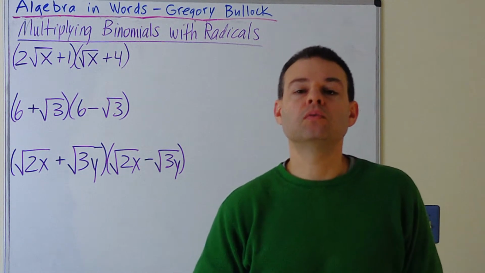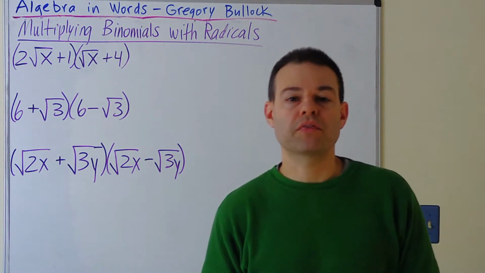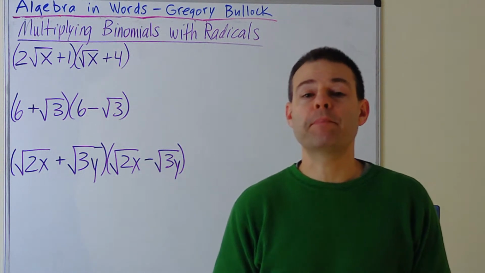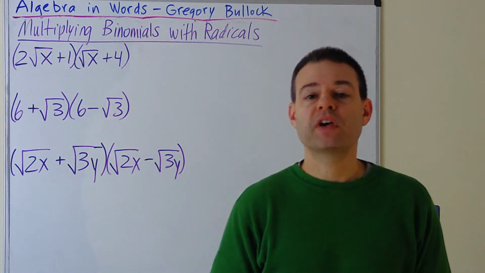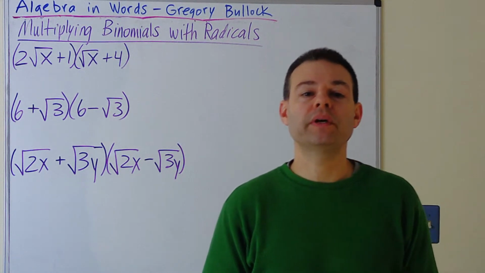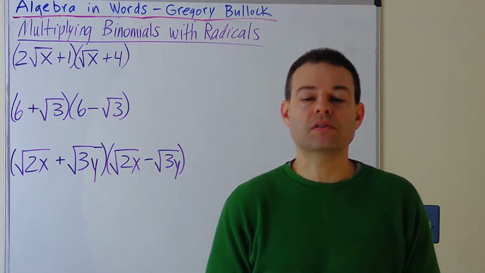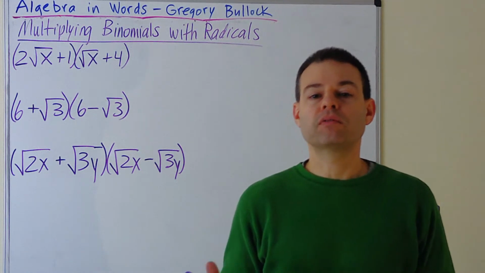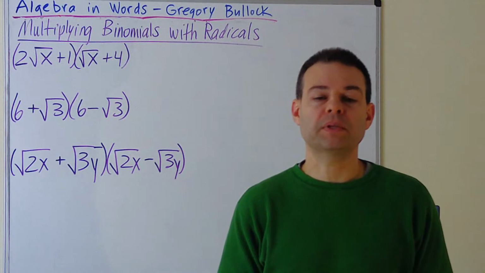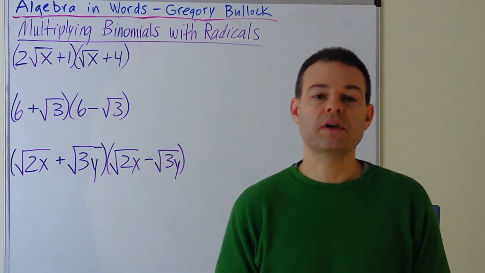In this video, we're going to continue our discussion with radicals, and we're going to be looking specifically at multiplying binomials with radicals. I have a couple examples on the board, but what I want to tell you is that all of these principles are starting to combine, and there is a specific purpose to why we're doing multiplication of binomials with radicals.